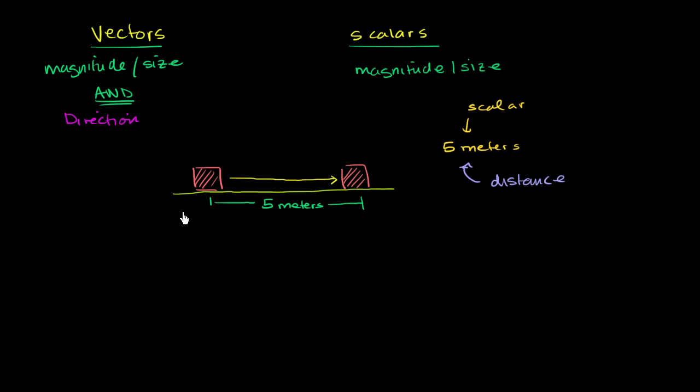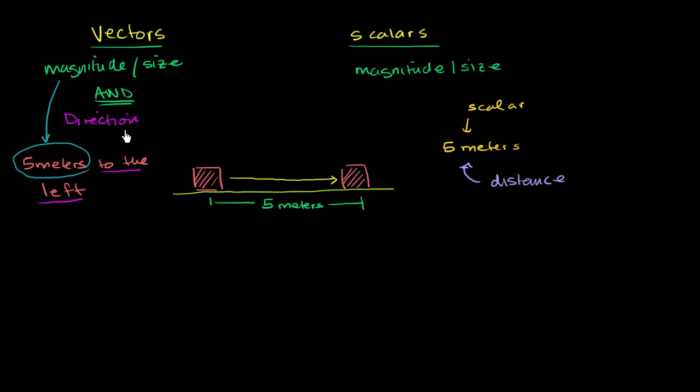If you want to specify that, we could say that this brick moved 5 meters to the left. Now we have specified a magnitude right over there. And we have specified a direction.